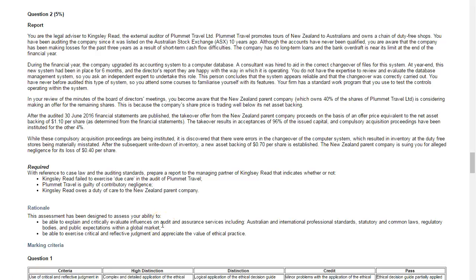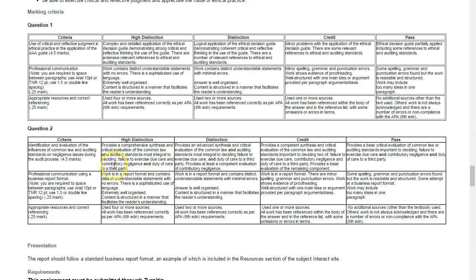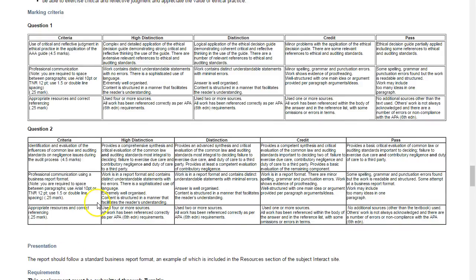Now, similar to the first question, you'll note that both in the required section, with reference to case law and auditing standards, and in the marking criteria for question 2, where it talks about critical evaluation of the common law and auditing standards that are most integral or most important to making those decisions about negligence, contributory negligence and third-party liability, you must reference those when you're answering the question.